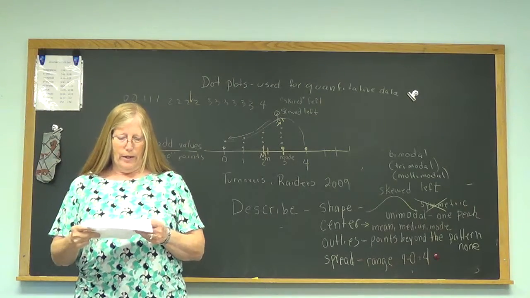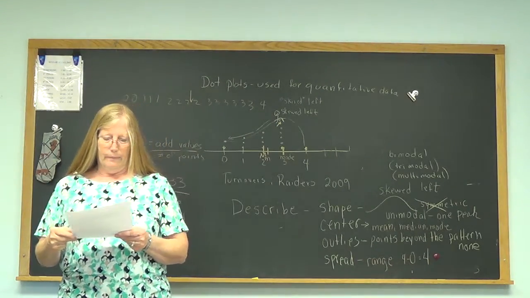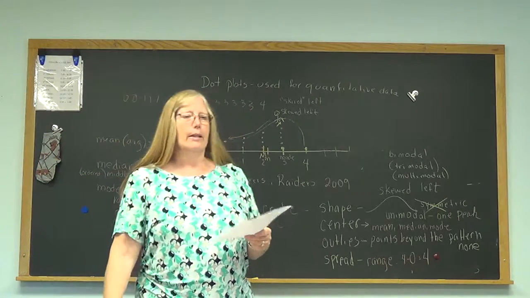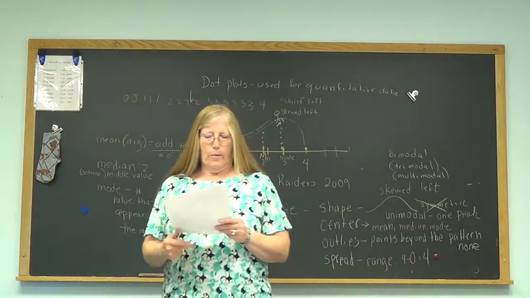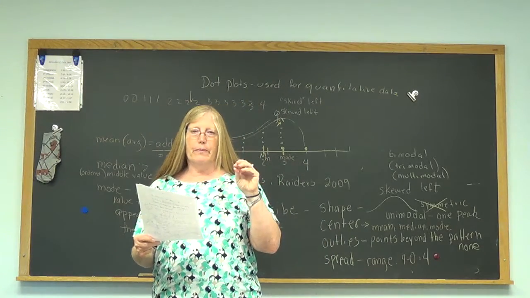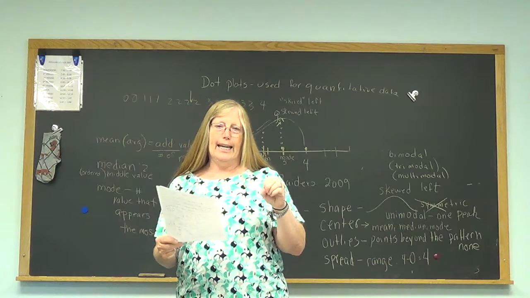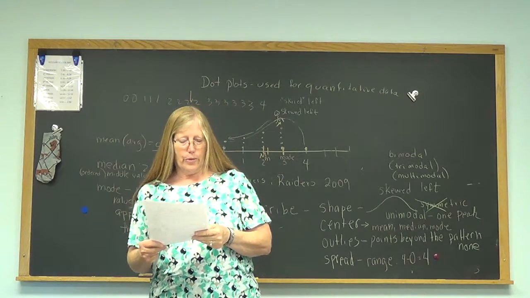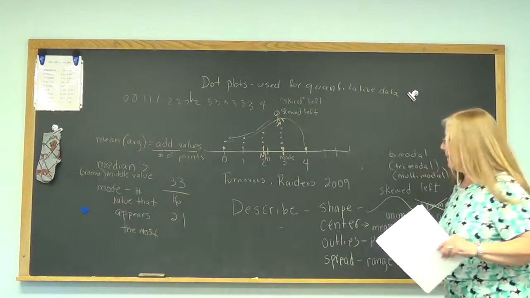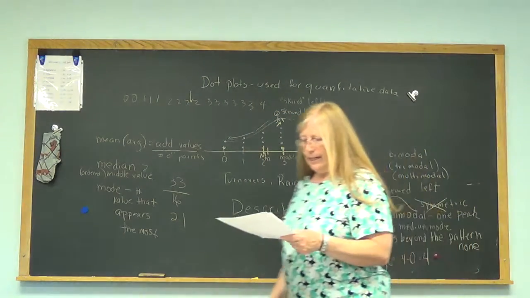I'm going to say the word describe. So underneath or above it, wherever you have the most room, I'm doing the graph that's labeled little a. It's called dice rolls. I want you to describe it the way I trained you with shape, center, outliers, and spread in any order.